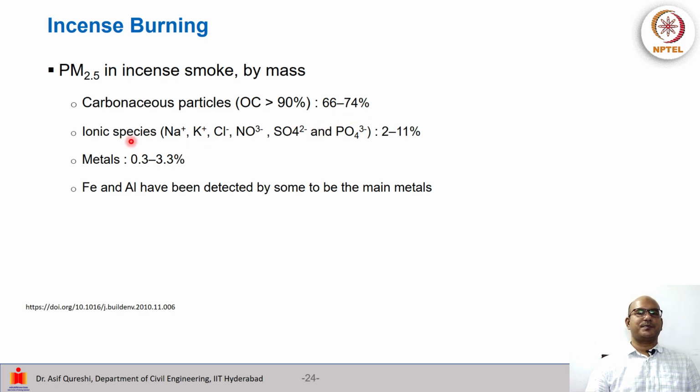Whereas the ionic species such as Na+, K+, Cl-, NO3-, SO4 2-, PO4 3-, they are about 2 to 11%. Metals are around 0.3 to 3.3%, and within these metals, iron and aluminium have been detected to be the main metals.